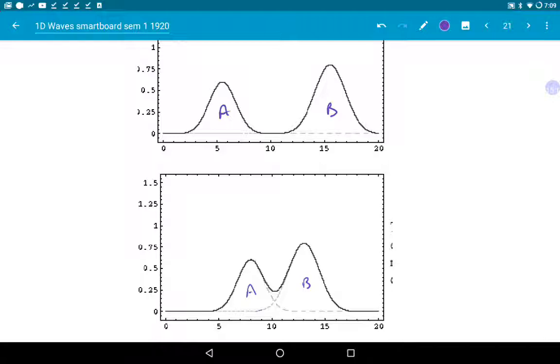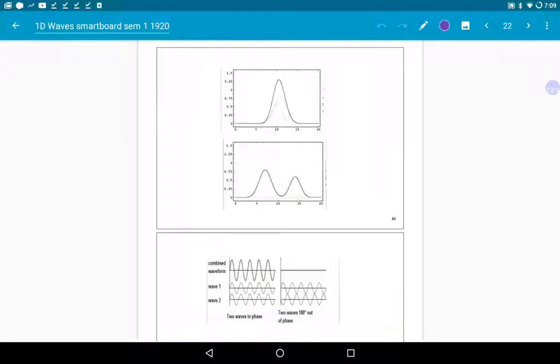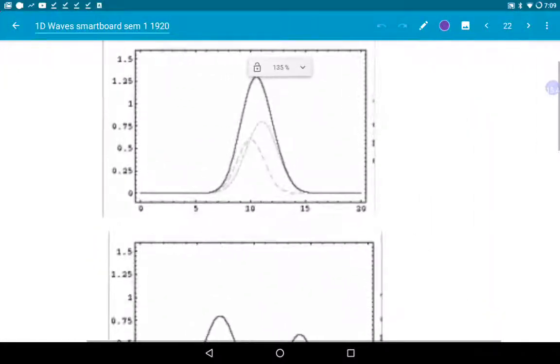You can see this is part of B. This is part of A. Now, what happens? The result is this solid line here. These dotted lines are kind of imaginary. When they're interfering, they're producing this wave you see, this constructive pulse here. Okay, and then it goes on to show them as they pass through.